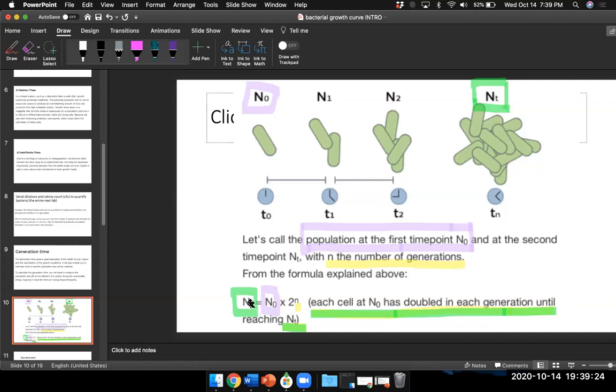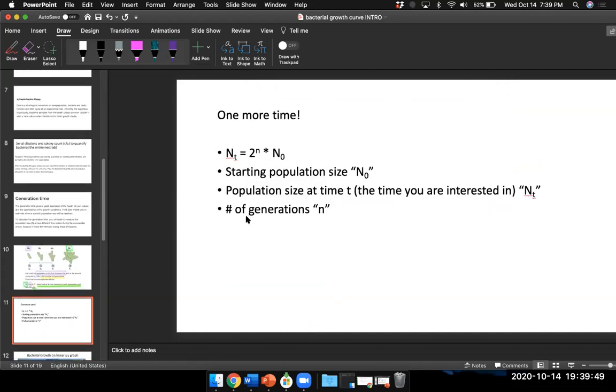equal to your population size at some time period, let's say 2 hours, is going to be equal to your population size at time 0 multiplied by 2 to the nth power. And the little n is going to be your number of generations.